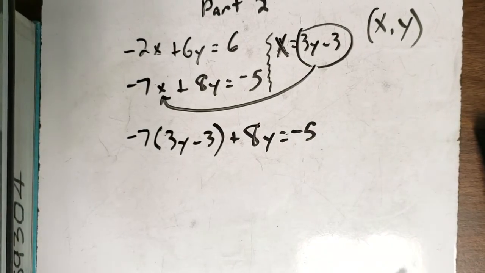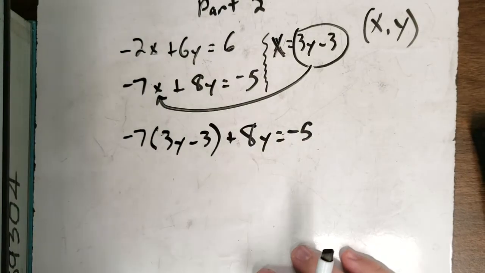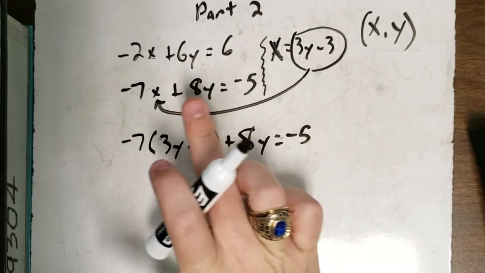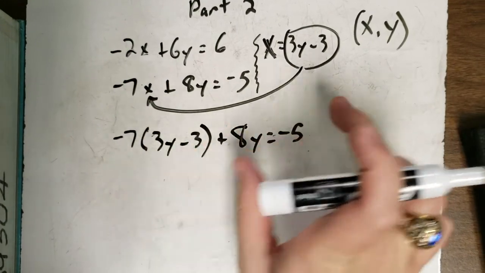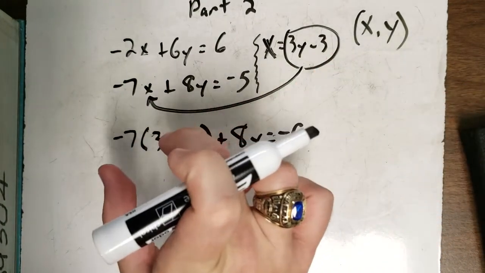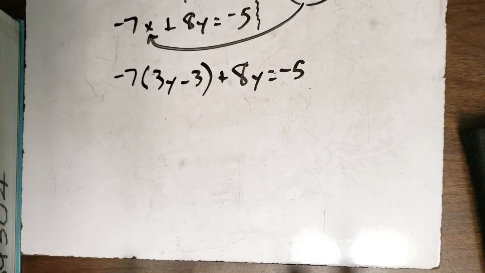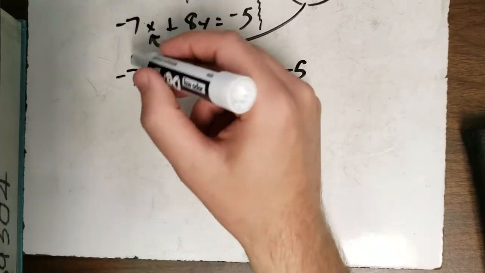So, let's solve for y. Remember, all I did was take this whole thing and plug it in for the x, okay. Solve for y, let's go. You got this. Distribute.